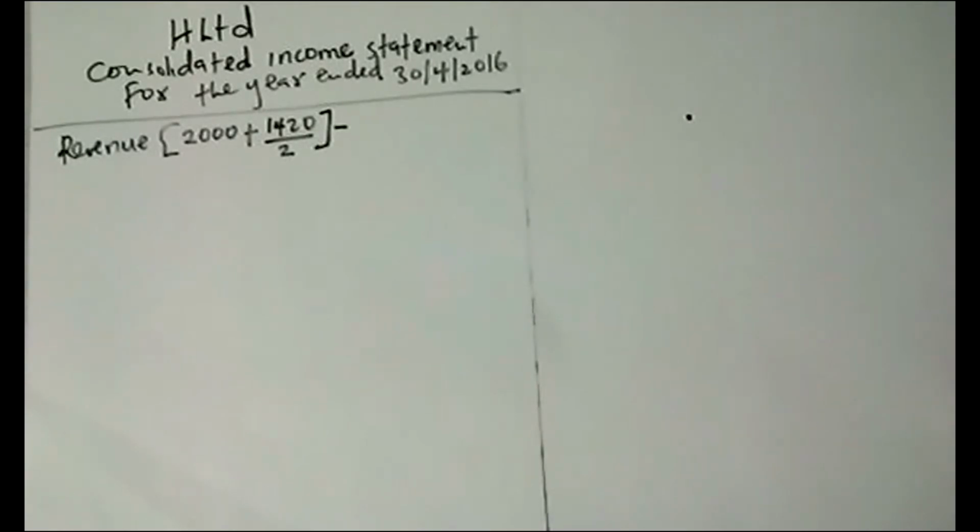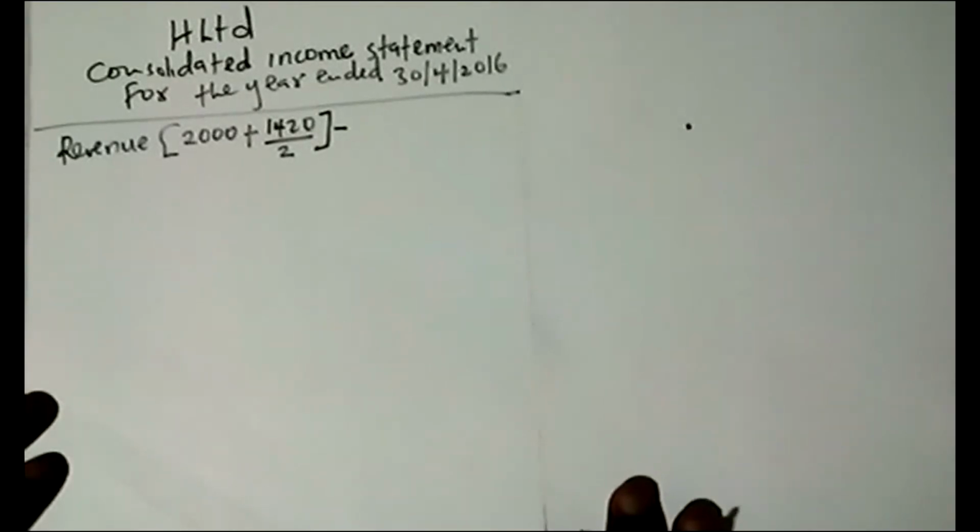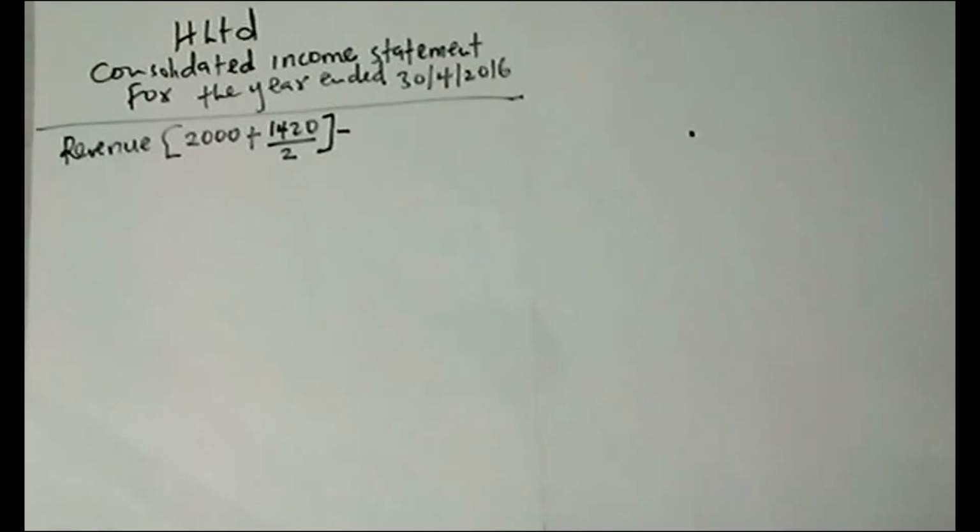What are you supposed to adjust under revenue? For revenue, you only subtract intergroup sales. The intergroup sales must be between the parent and the subsidiary, which in this scenario we know it was. I will display it so that you can determine which is the intergroup sales.